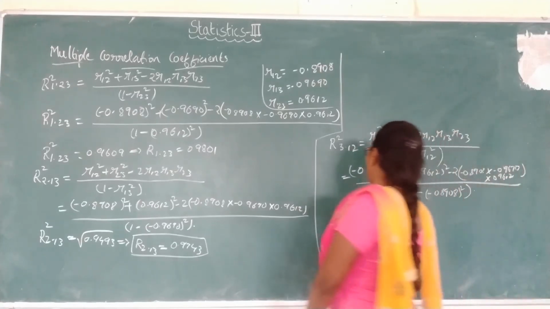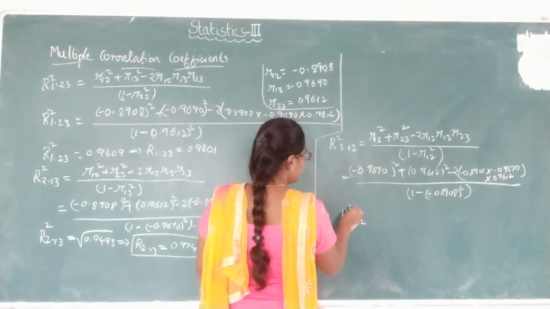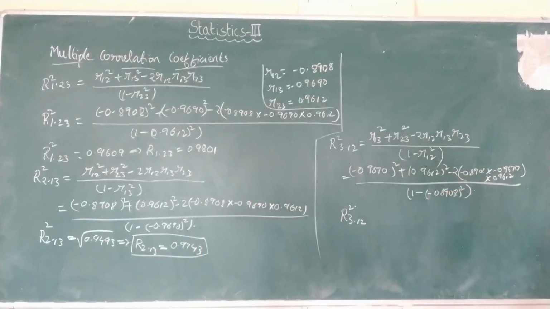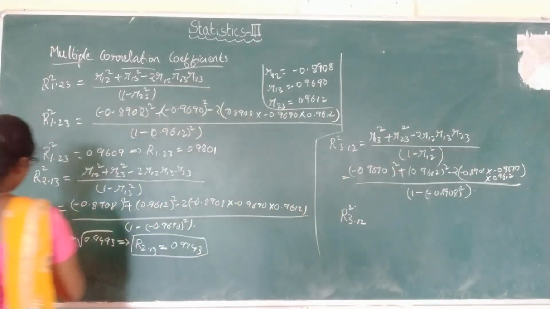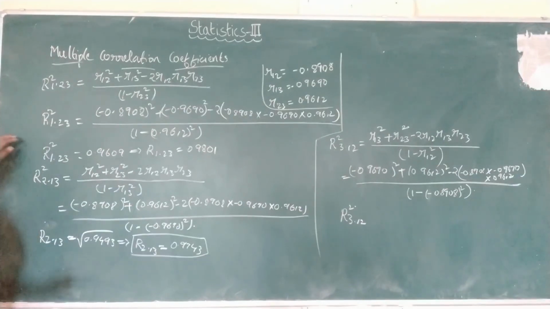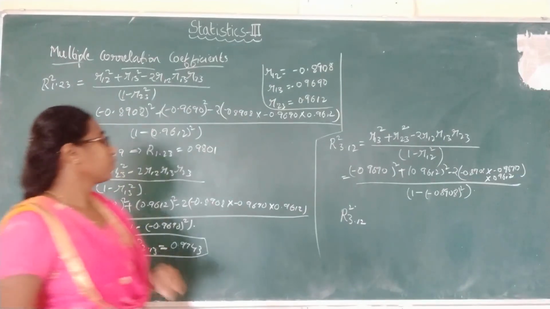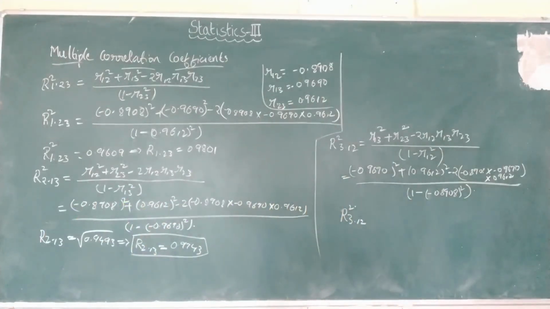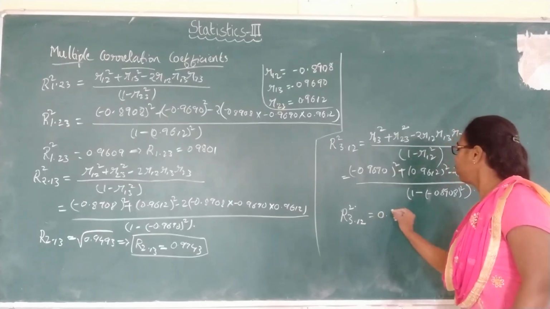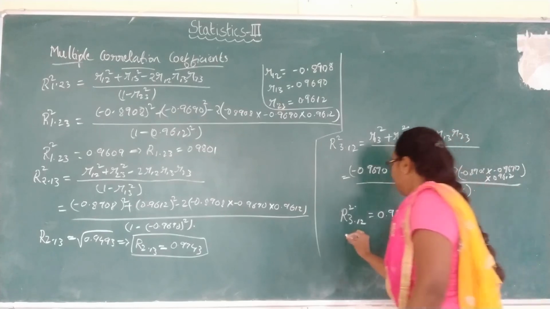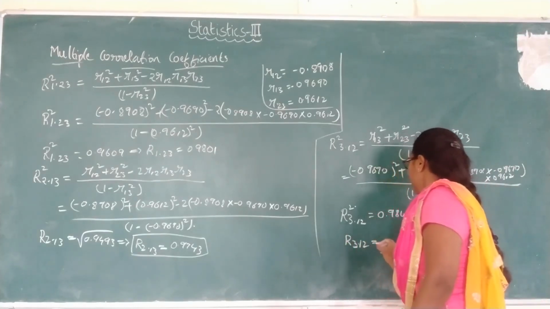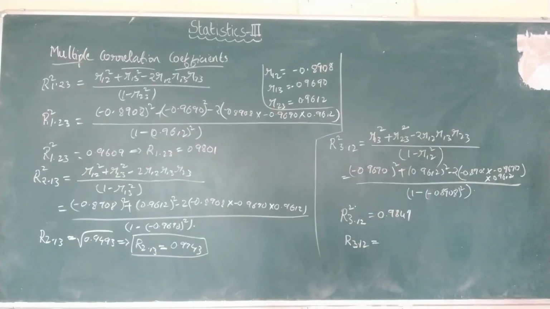So you will get R square 3.12 value as 0.9849. Apply square root to 0.9849, you will get R3.12 value as 0.9924.